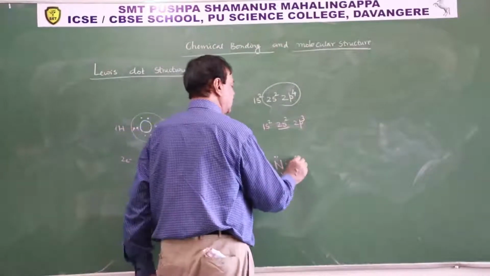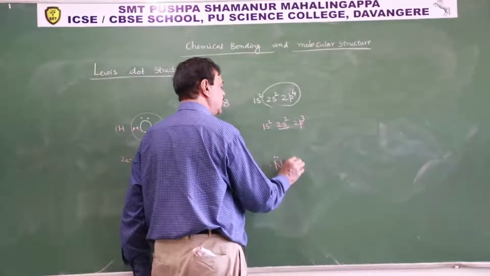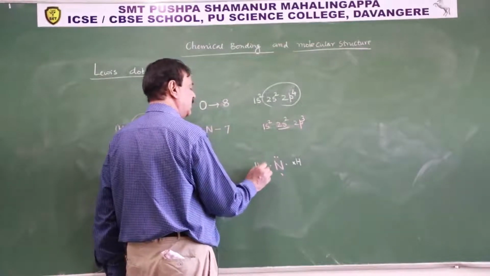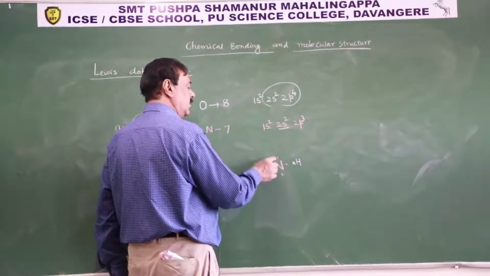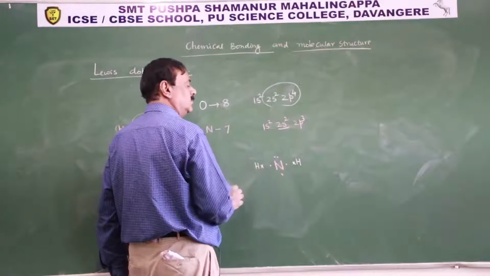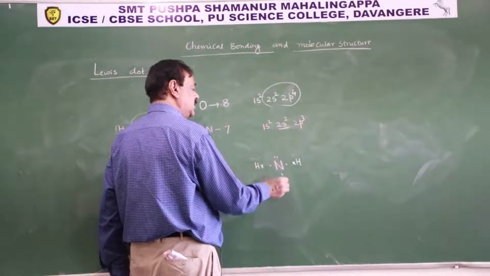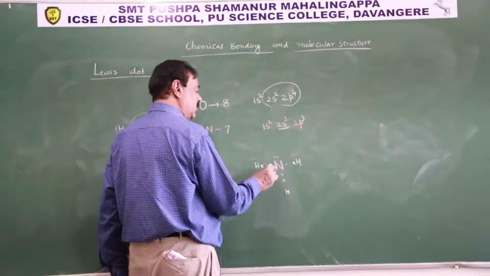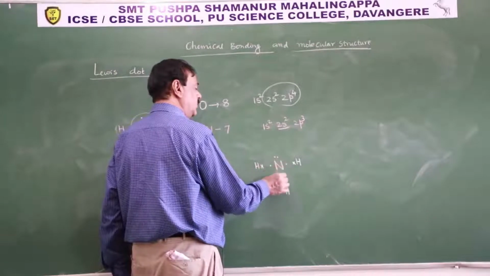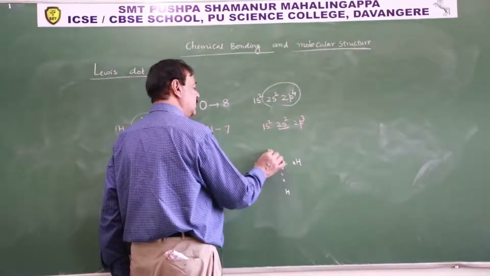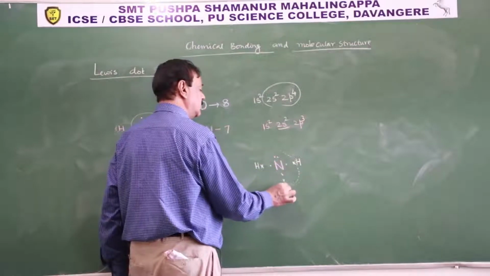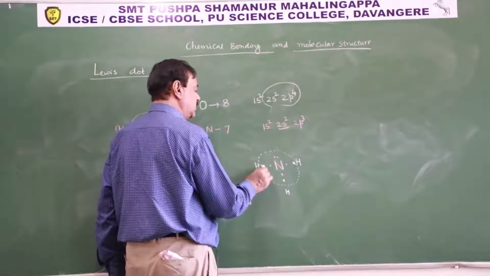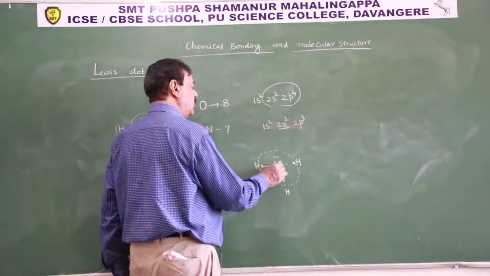Now, hydrogen has 1 electron each. Here, 3 electrons are there from nitrogen's 2p orbital, and hydrogen 1 electron. What about the total number of electrons? 1, 2, 3, 4, 5, 6, 7, 8. Count the number of electrons here. How many electrons will be there? 8 electrons.